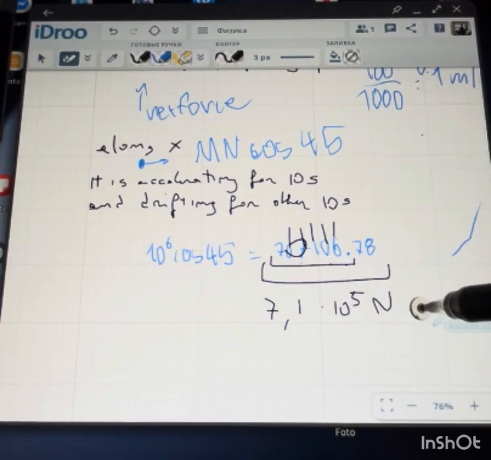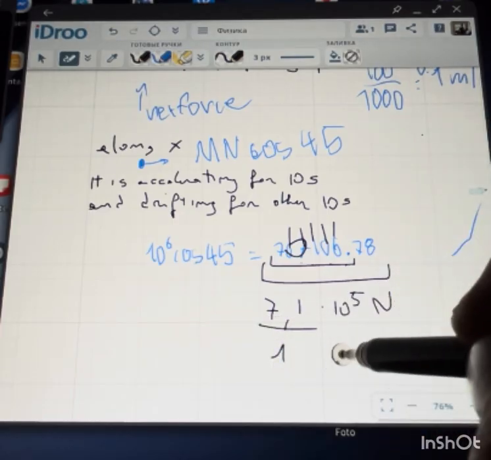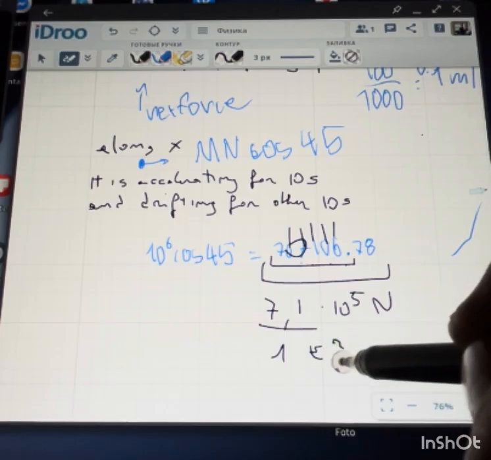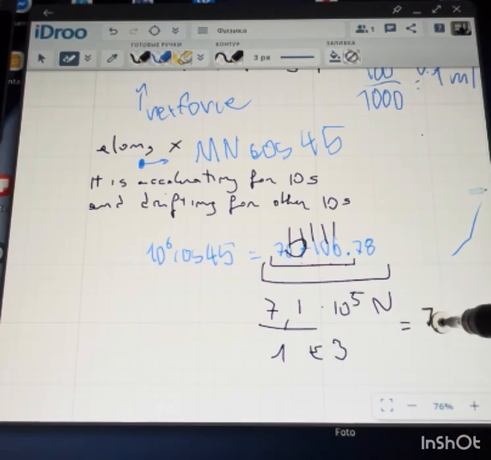Yeah, and that's the net force, so now we divide that by the mass. Yes, so we divide it by 1 E3, which gives us 7.1 E2. What is E? E is exponent, so times 10 to the some power.